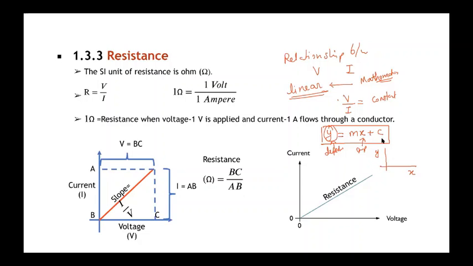Let me be more specific. Let's say y equals mx. If you represent this graphically, it will start at 0. So this is your x-axis and this is your y-axis. If you draw the equation y equals mx, you will see a straight line.